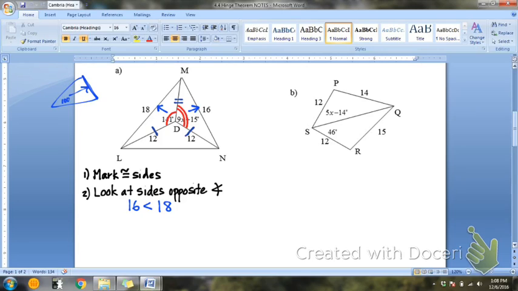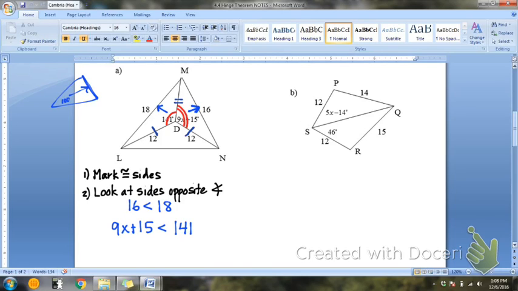Same concept here. 18 is bigger than 16, which means that the angle that's across from 16, which is 9x plus 15, has to be less than the angle that's across from 18, which is 141.